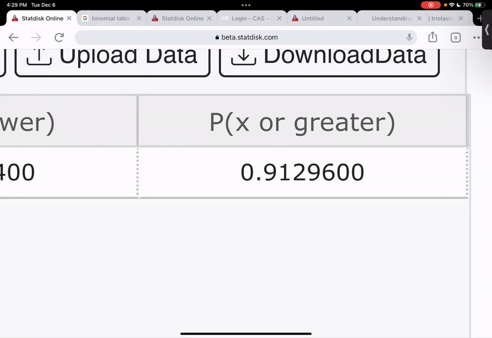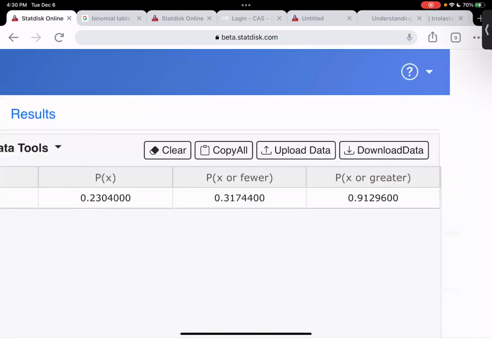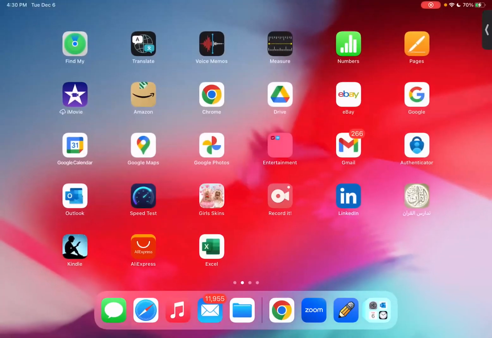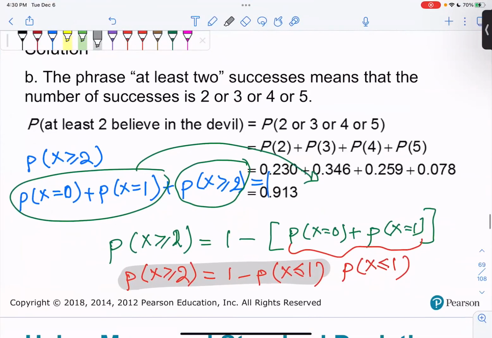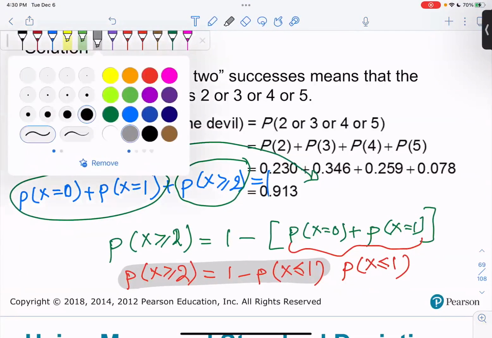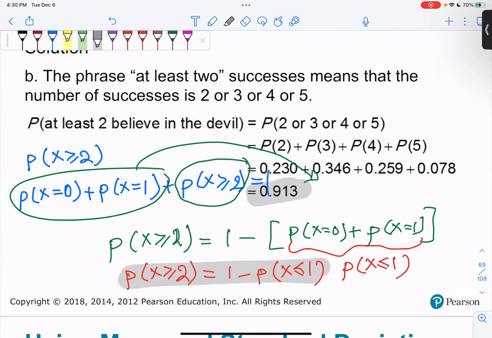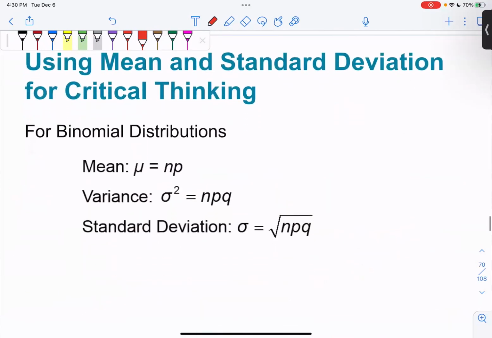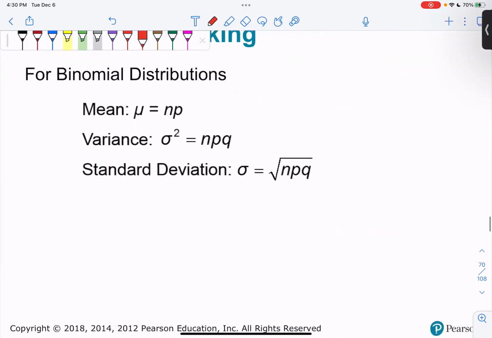Easy, right? And always keep at least 3 numbers after the decimal. It will be 0.913. So if we go back here, this is the number, 0.913. So using technology makes it easier to find the probability.